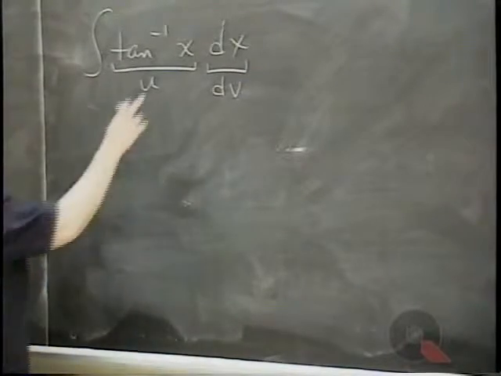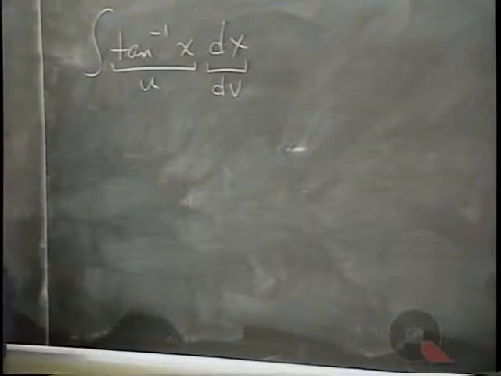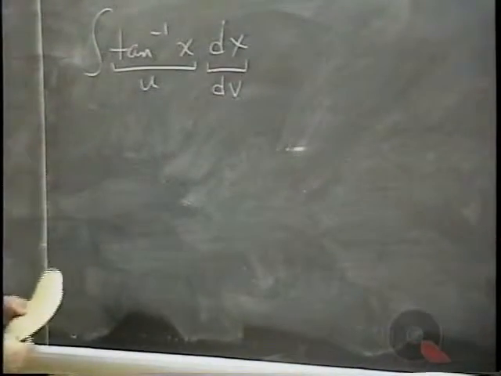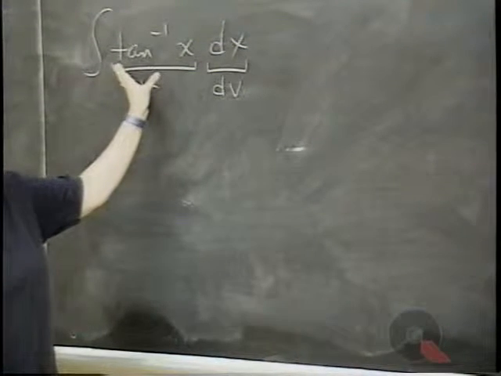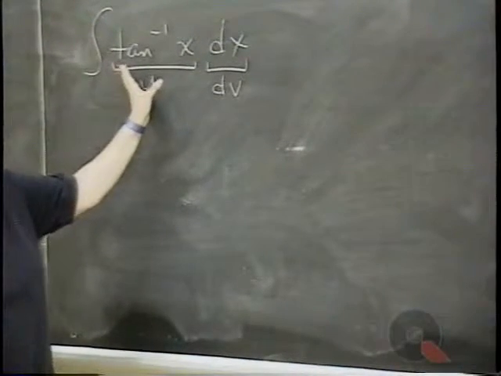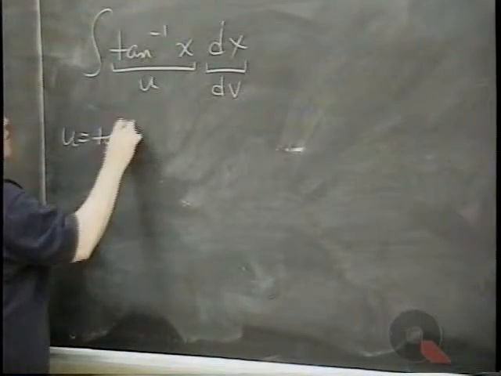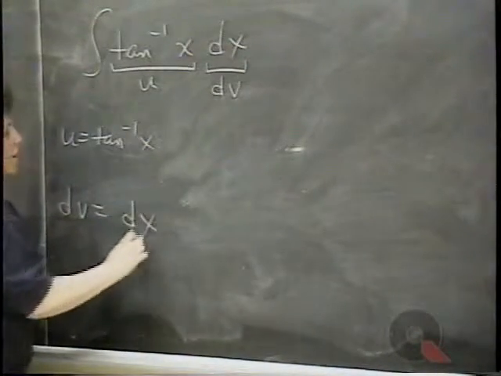You do not have the option of making x dx dv. This is part of the inverse tan. Okay? dv is the most complicated thing I know how to integrate. The only choices are dv is dx or the whole thing. Obviously, if I could integrate the whole thing, I wouldn't be doing integration by parts. So really no choice in this matter. u is inverse tan x, dv is dx.